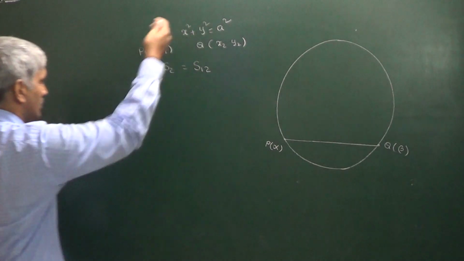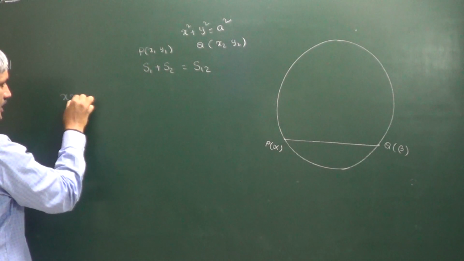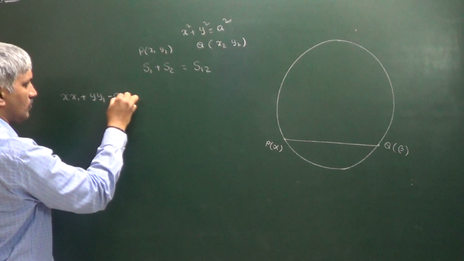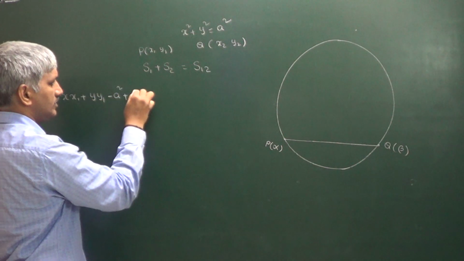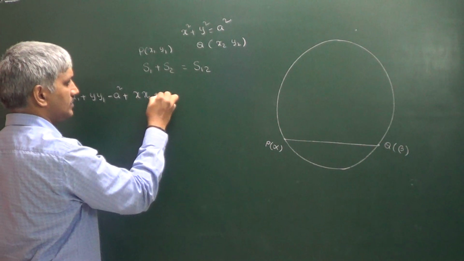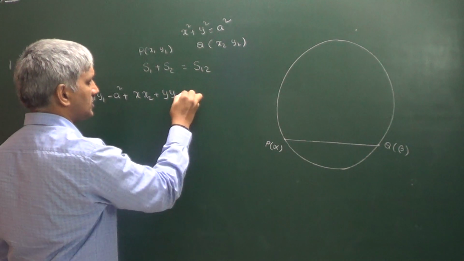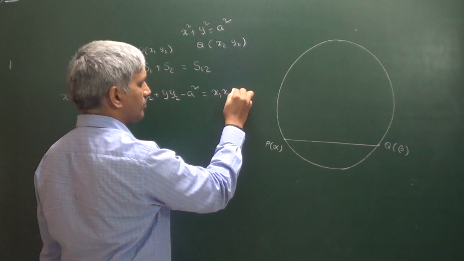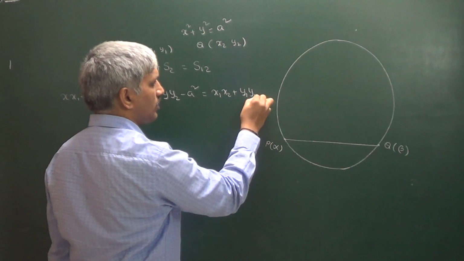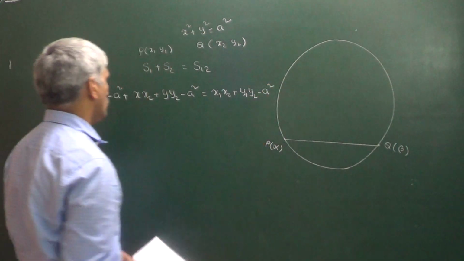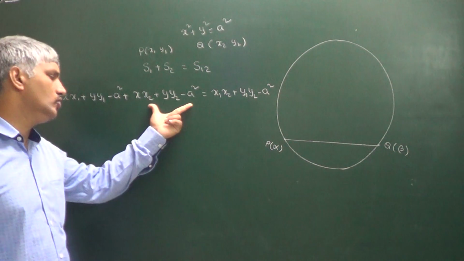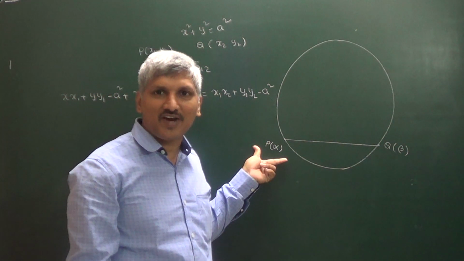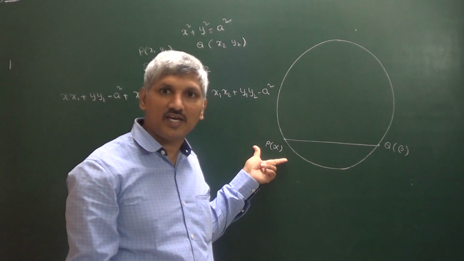Now what is S1? For that circle S1 means x1 square plus y1 square minus a square, right, plus x2 square plus y2 square minus a square is equal to x1 x2 plus y1 y2 minus a square. So S1 plus S2 is equal to S12. Now what to do? In place of x1 y1 we have to write a cos alpha comma a sin alpha.